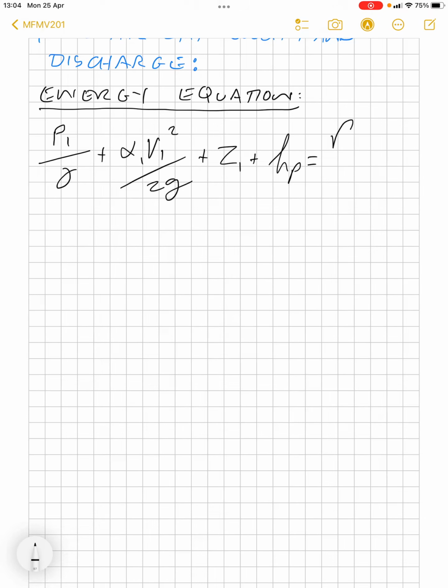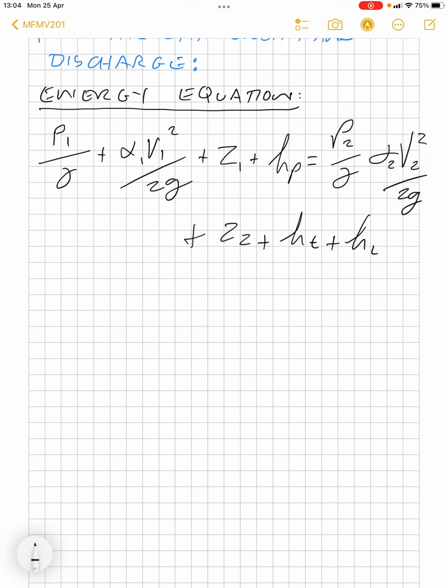At point 2, we've got very similar: P2 over gamma, and then alpha 2 V2 squared over 2g, plus Z2 plus HT plus HL. So HL would be the head loss in the pipeline.